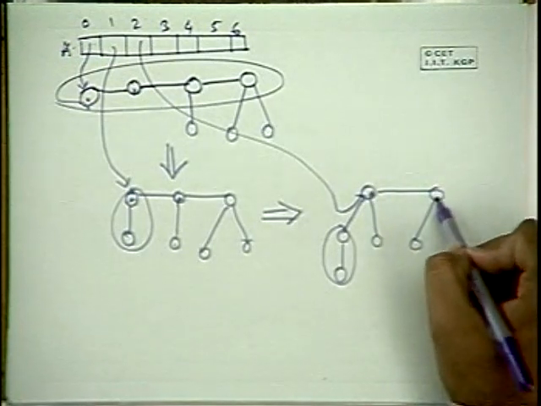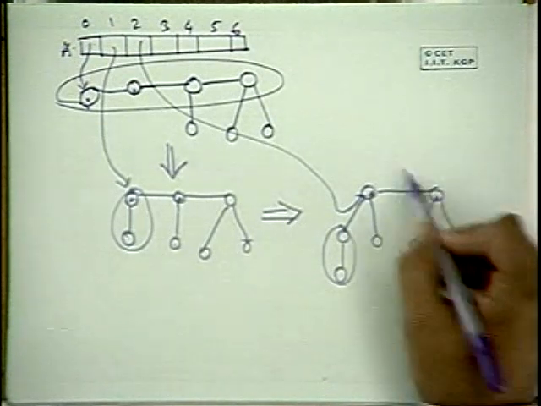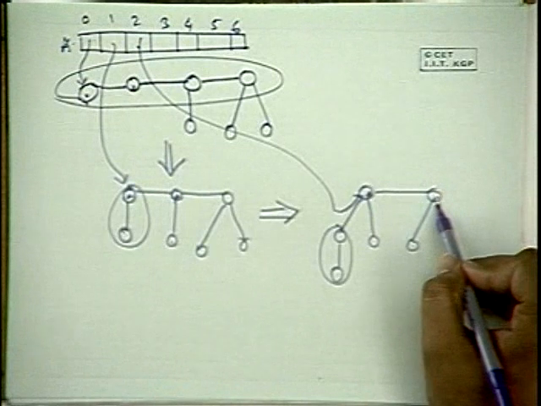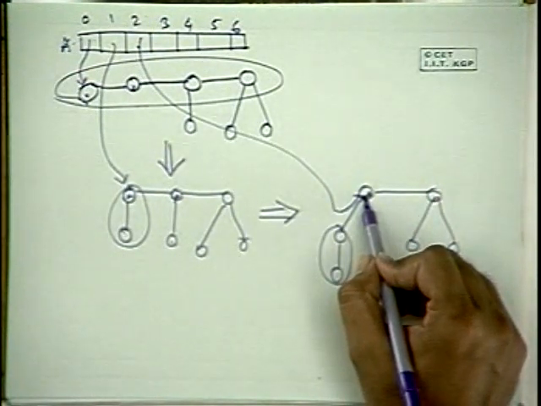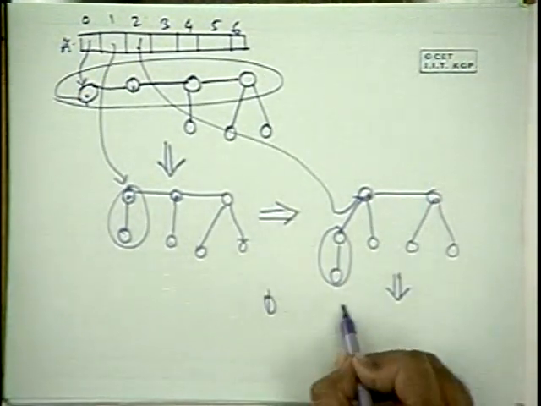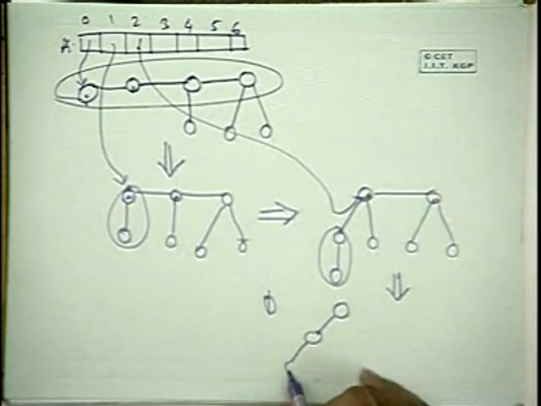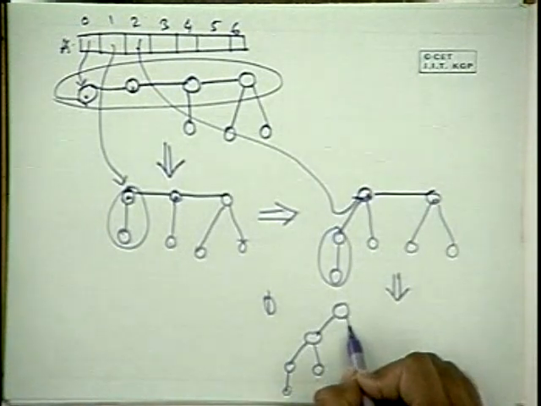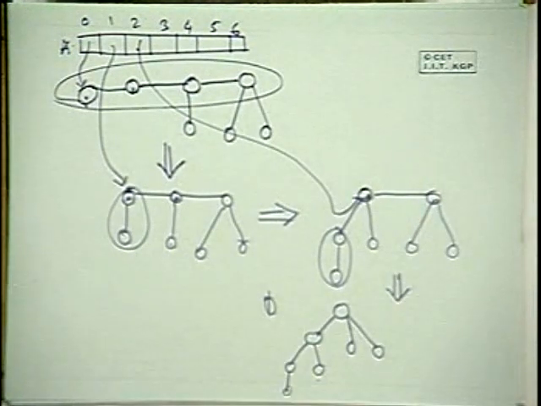Now I check the next node. Its degree is again 2, so A2 is again occupied. So I need to link this node with this node, because both have degree 2. Immediately the situation becomes a single node, and this is the root.